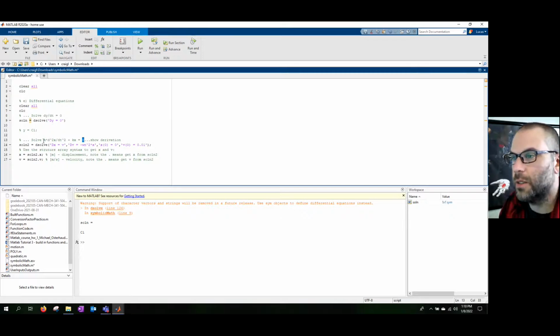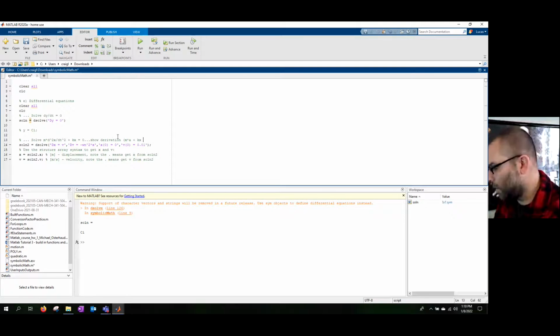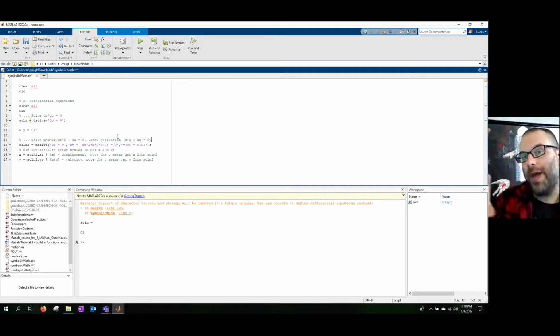This right here is really mass times acceleration plus kx equals 0, okay? This is really looking at a mass that's attached to a spring that's attached to a wall, and you pull the mass back and it vibrates back and forth, where you neglect friction and air drag, okay? So it's vibrating back and forth.